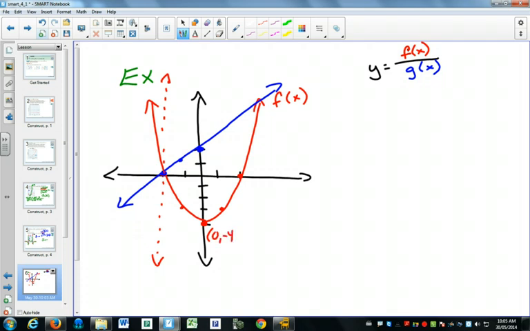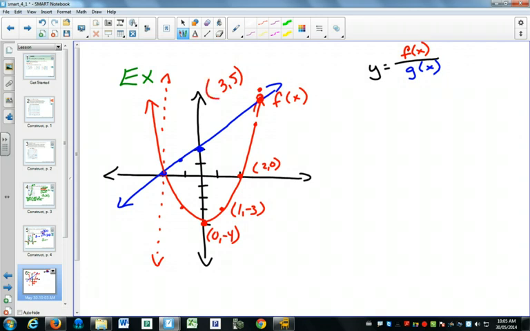We've got 0, -4 on the red. We've got 1, -3. We've got 2, 0. And we would have 3, 5. Actually, 3, 5 would be higher up. Right here, actually, I think. See? Yeah, 3, 5 is right on that line.